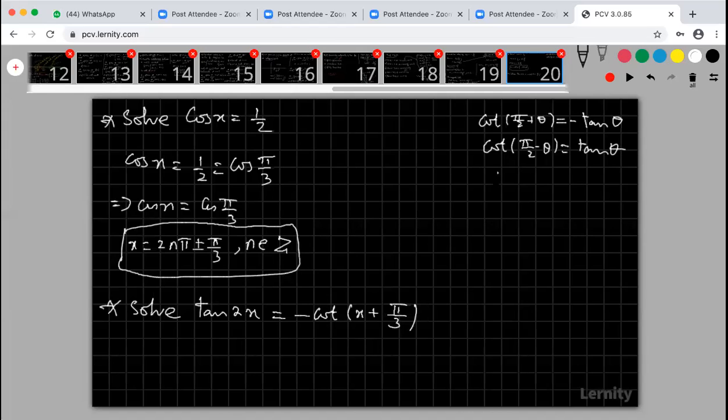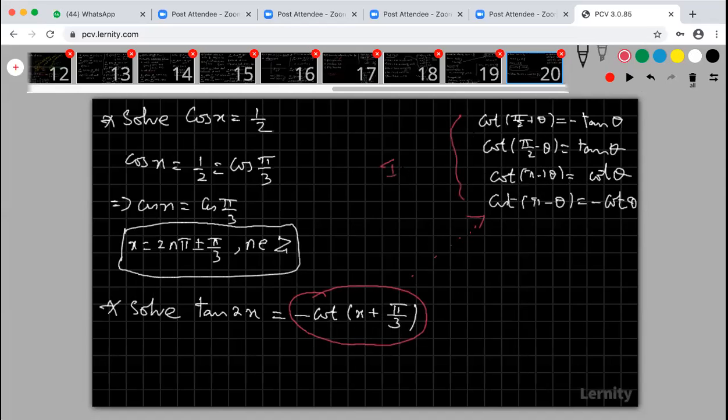We have a formula for cot of pi plus theta. Cot of pi plus theta is cot theta. Cot of pi minus theta is minus cot theta. But we don't have a formula for cot of x plus pi by 3. Please note it. Here I don't have any formula. These kinds of formulas only I have. That means identities. All these are identities that we have already discussed.